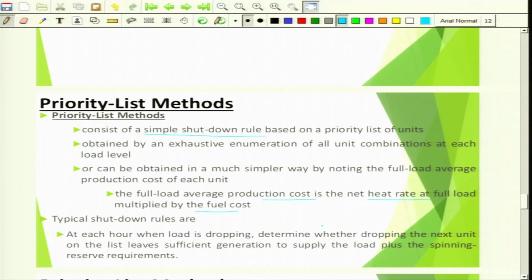So the typical shutdown rules are: at each hour when load is dropping, determine whether dropping the next unit on the list leaves sufficient generation to supply the load plus the spinning reserve requirements. If the load is dropping, you are allowed to bring down a specific generator only if the remaining generators can meet the load demand plus the spinning reserve also.